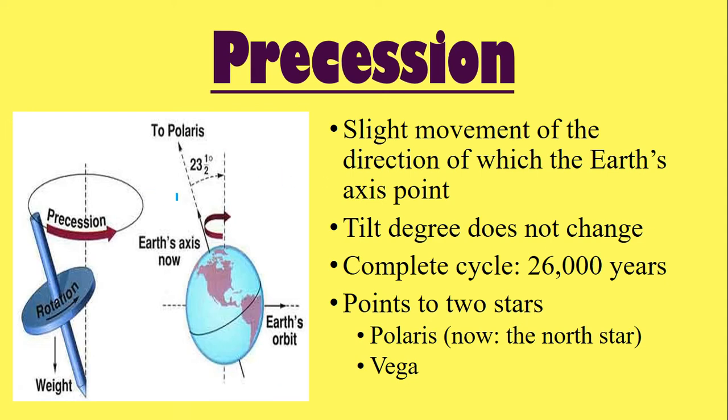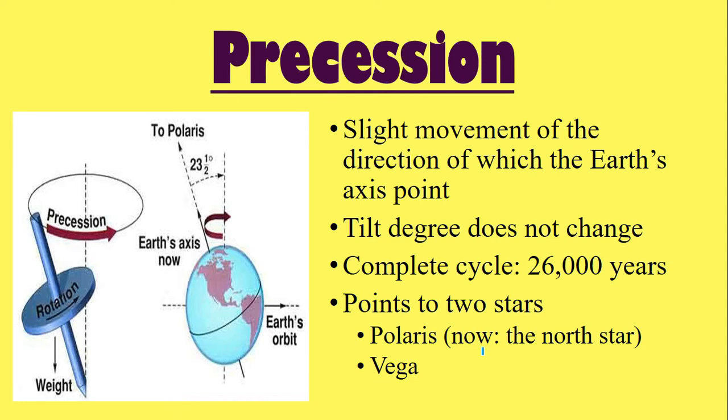What happens is as we are rotating and going around, sometimes our axis just points in a different direction during different times. A complete cycle takes 26,000 years, and we point between two stars.